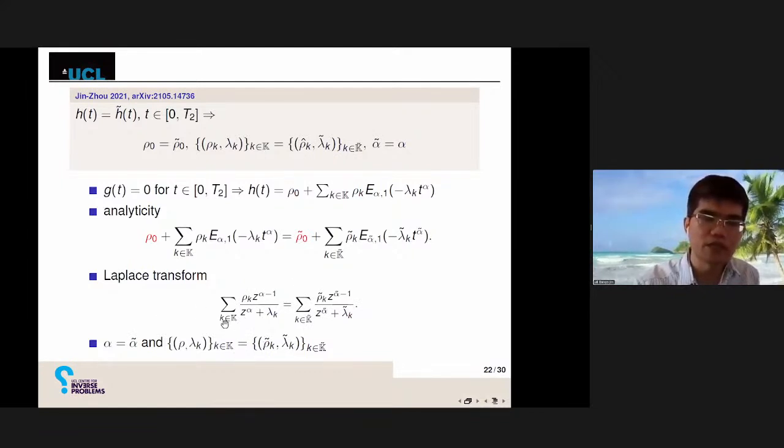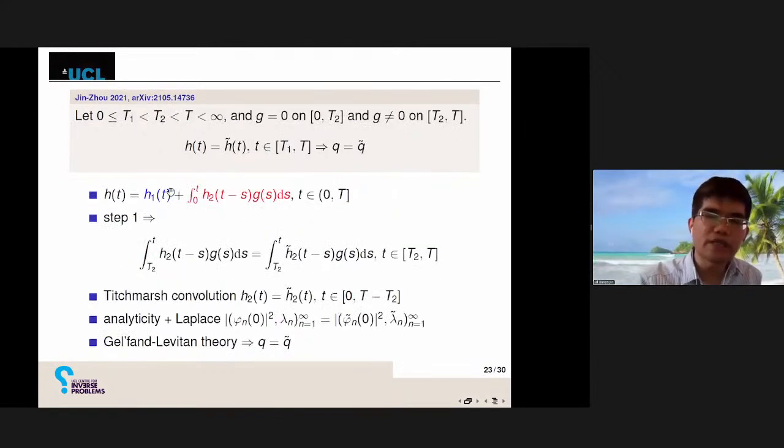This just gives the first statement. What we essentially show here is that because alpha, rho k, and lambda k are known, we have this function on a small interval, and because of analyticity, we actually have it for the positive real axis. That's the piece of information that we get if we look at the measurement over a small interval.